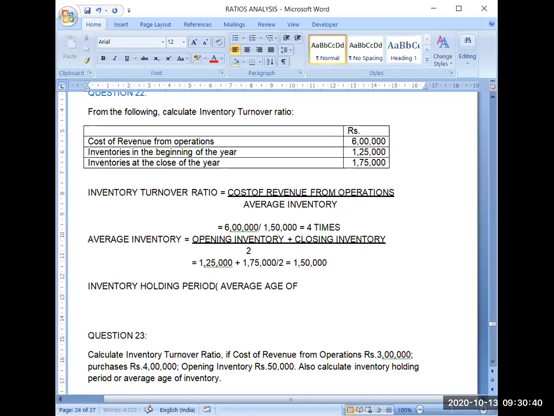Age of inventory means how many days you keep it in your stock. Average age of inventory: how long inventory is with you.